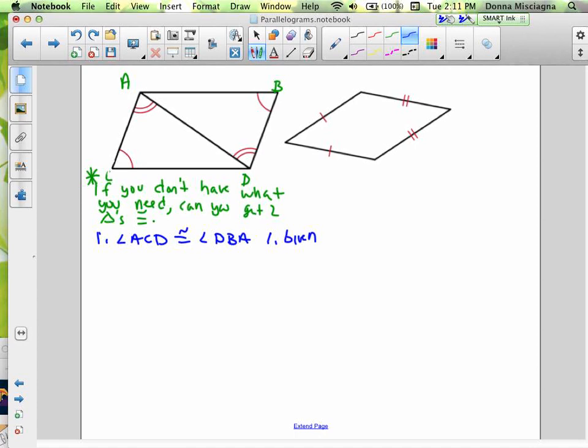We also are told that angle CAD is congruent to angle BDA. Got to go in the right order. That was given to us, and I can get a pair of sides parallel from that. We do have one set of alternate interior angles.